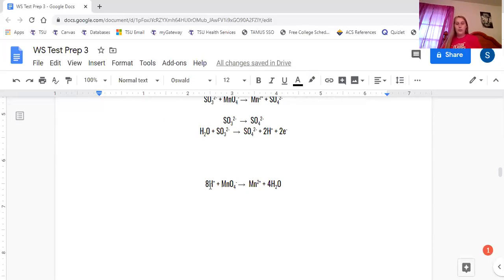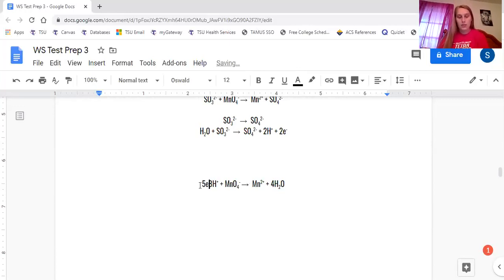All right, so now we're going to look at our charges. Over here, we're going to have +8 -1 charge, so we're going to have a +7 charge. Over here, we have a +2 and a 0, so we have overall +2 and +7. So this side is going to have 5 more charge than the other, so we're going to add 5 electrons to balance it out.